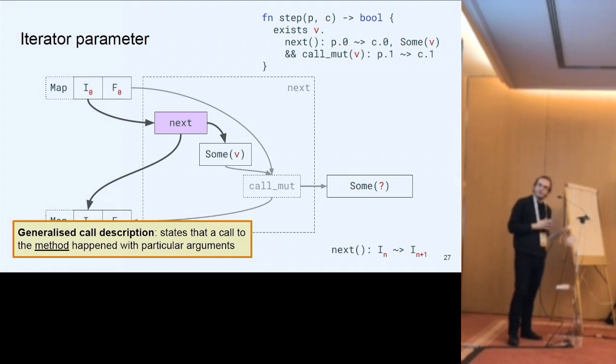So this is a kind of generalization of the call descriptions that we had previously, in that it's not only describing closure calls, it's describing arbitrary method calls with slightly more interesting things we can do about the pre-state and post-state.